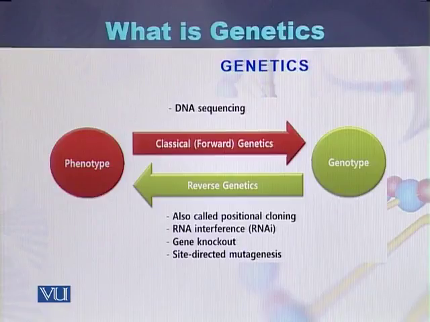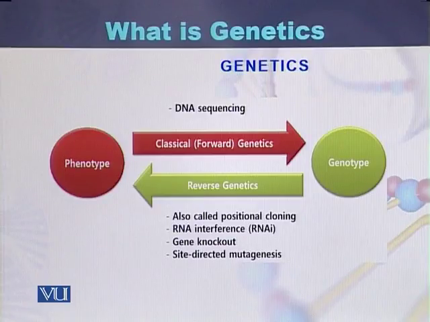If we study genotype based on the phenotype, then it is called classical genetics or forward genetics. Usually it is performed by sequencing the DNA. If a geneticist wants to study genetics in reverse, then the phenotype is identified based on the genotype.